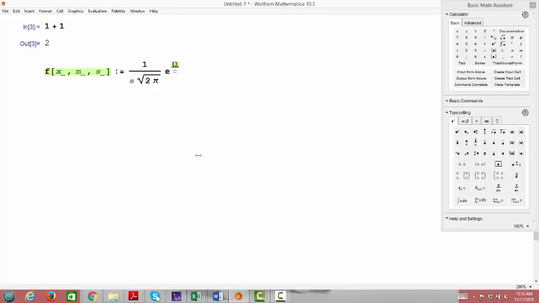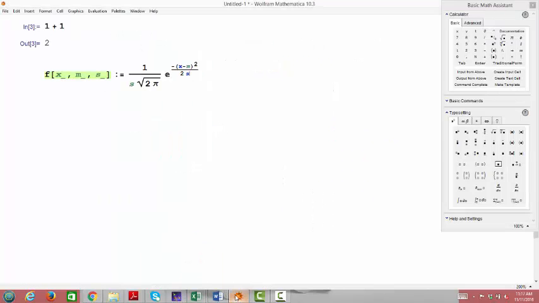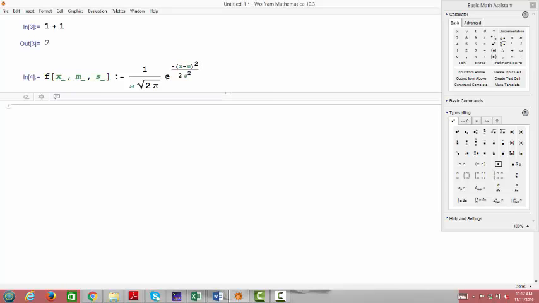So we'll do the quantity x minus the mean, square that, and put our minus sign out in front. Let's figure out the denominator, which is 2 times s squared. And that whole big bad thing is our function for Mathematica.